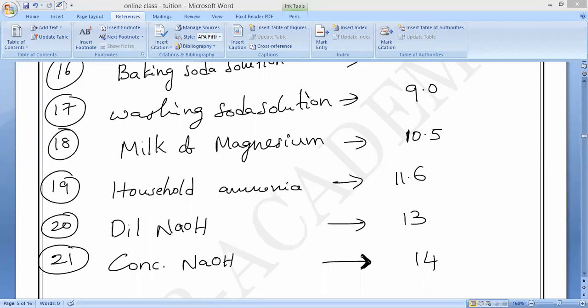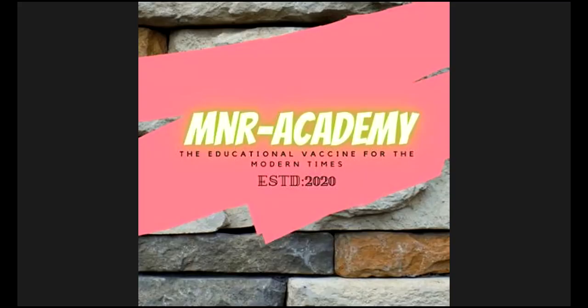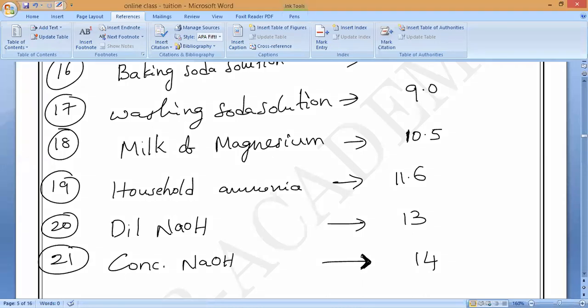Have you checked it? Yes, sir. So the pH value varies from 6.5 to 8.5. Note it down. The pH value of tap water varies from 6.5 to 8.5. All of you should remember that.